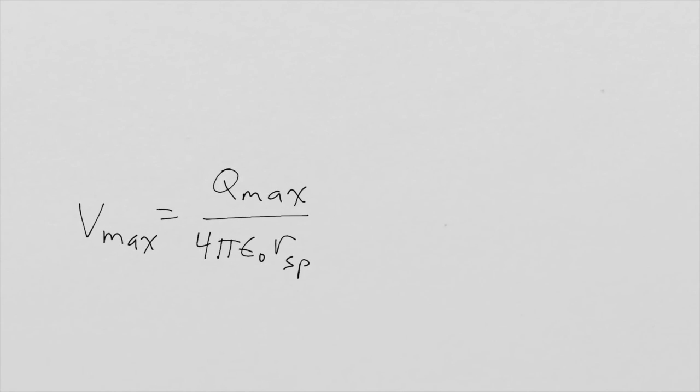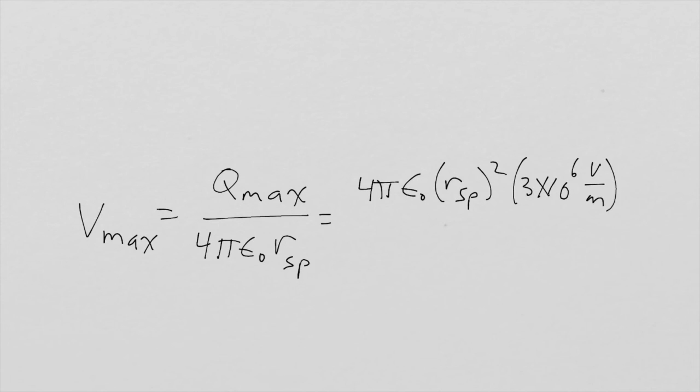Let's substitute in the expression we obtained for the maximum charge on our sphere, which was 4 pi epsilon sub 0, the radius of the sphere squared, times our dielectric breakdown strength of air, 3 times 10 to the 6 volts per meter, and that's all over 4 pi epsilon sub 0 radius of the sphere.